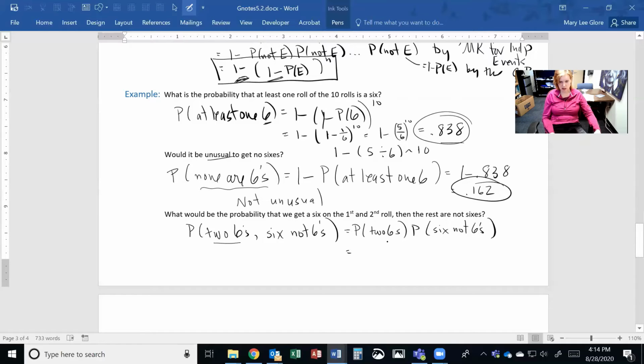Probability of 2 6s is going to be 1/6 squared, the multiplication rule for independent events. Not 6s, that occurs 5/6 of the time. There's 8 of them, so this is to the 8th power. Notice those should have added up to 10.